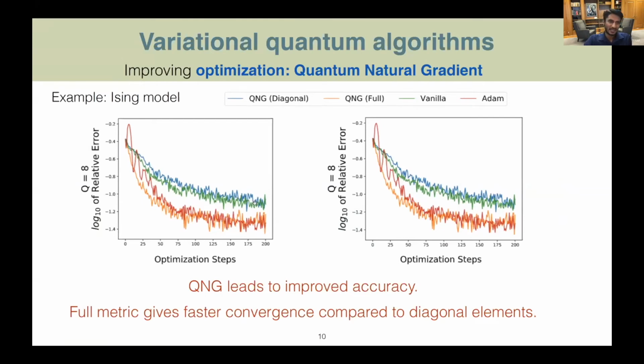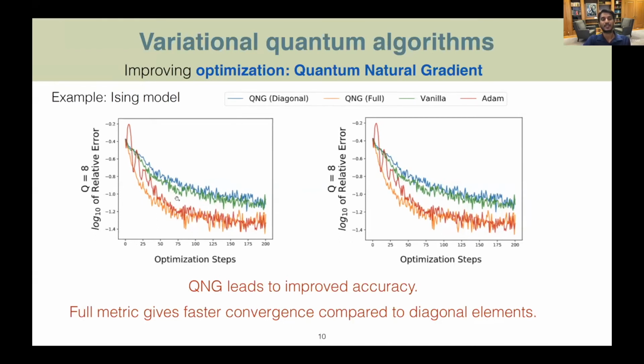It turns out that for the Ising model, if we look at the quantum natural gradient using only the diagonal terms of the quantum Fisher information, it doesn't improve the results much, which is counterintuitive, because there are examples where just looking at the diagonal elements gives you improvement over the gradient descent method. What we found, however, is that if we use the full quantum natural gradient metric, there is an improvement.